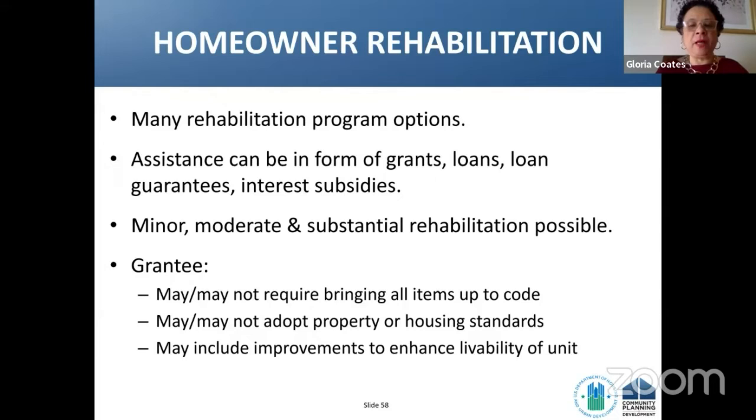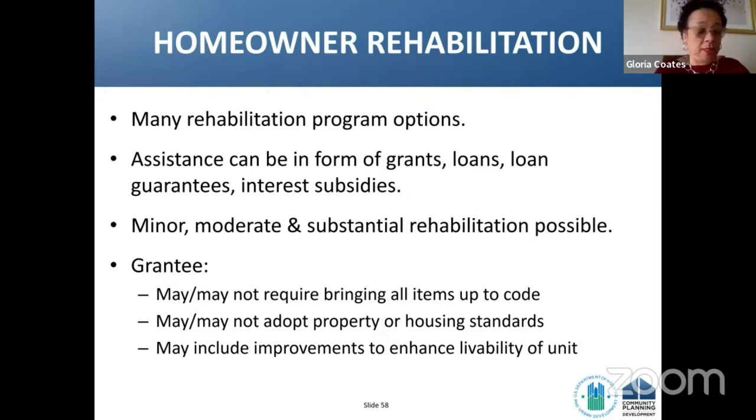We're going to talk about housing activities with regard to the annual appropriation CDBG program and CDBG-CV, starting with what we call the annual appropriation CDBG program.